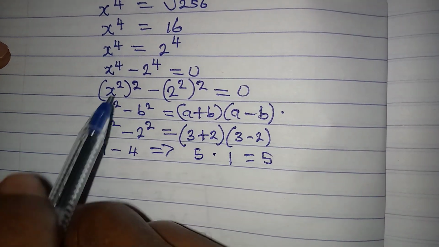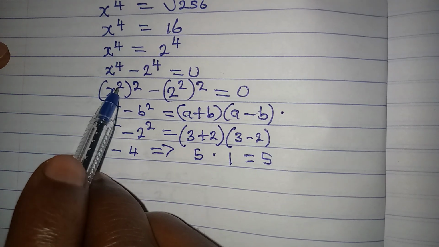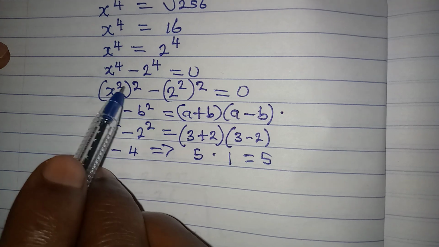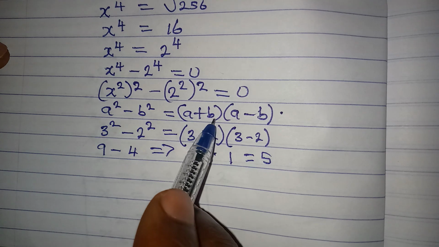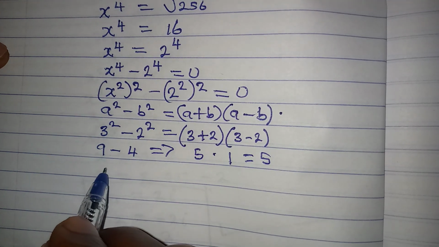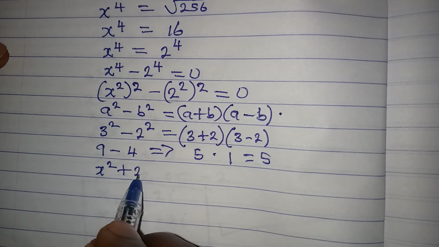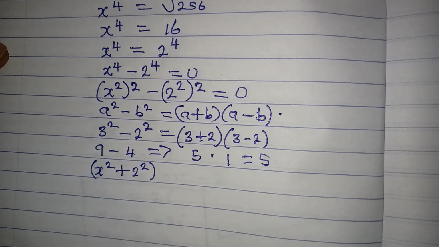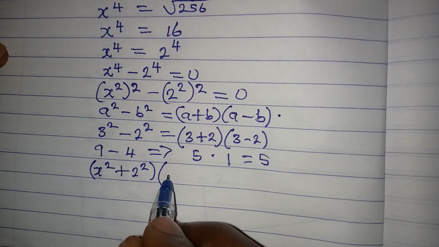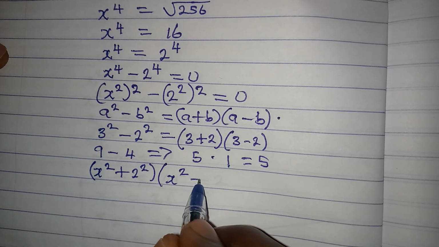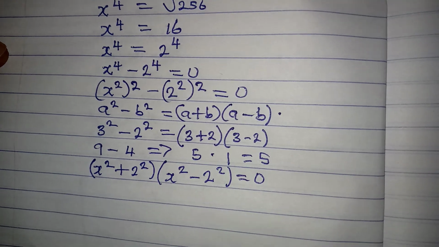Now we're going to apply the same thing for this. In place of a plus b, I'll write x squared plus 2 squared, because our a is x squared and our b is 2 squared. Then in the second, a minus b will be x squared minus 2 squared, and this is equal to 0.